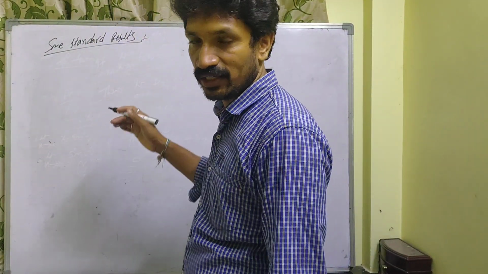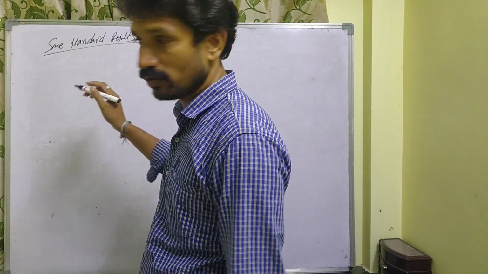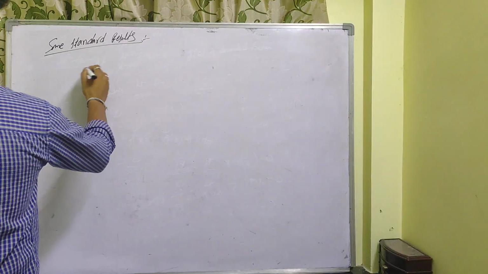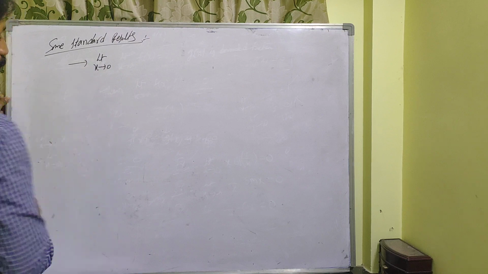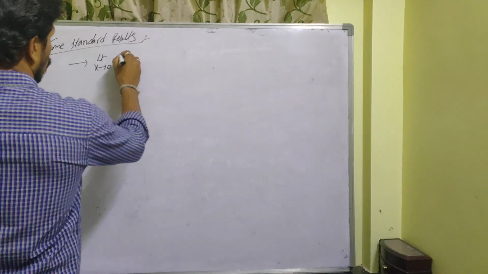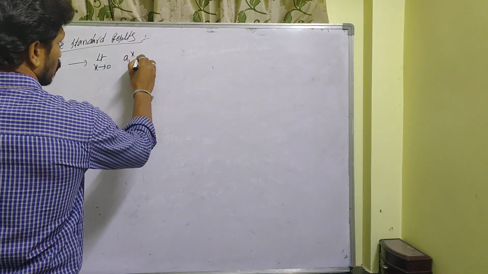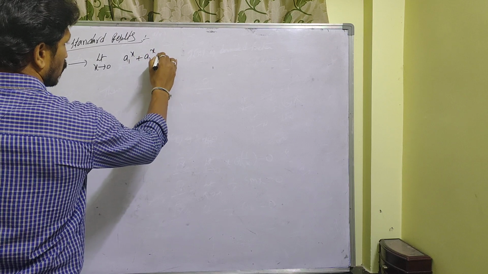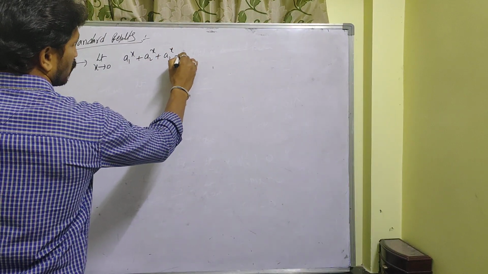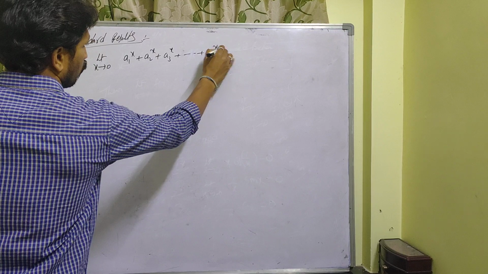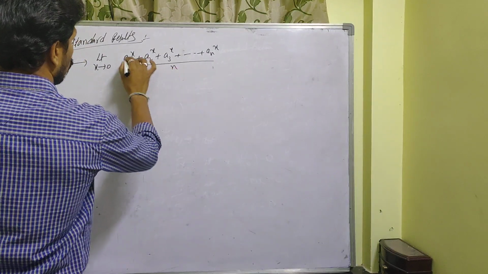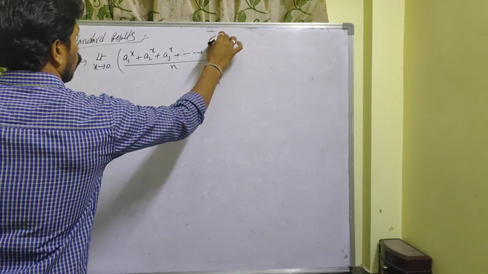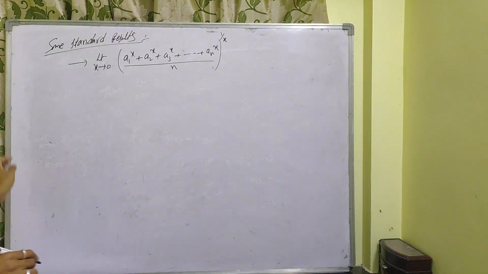Next standard result. It is very, very important. Limit x tends to 0 of (a1 power x plus a2 power x plus a3 power x plus and so on plus an power x) by n, whole to the power of 1 by x.